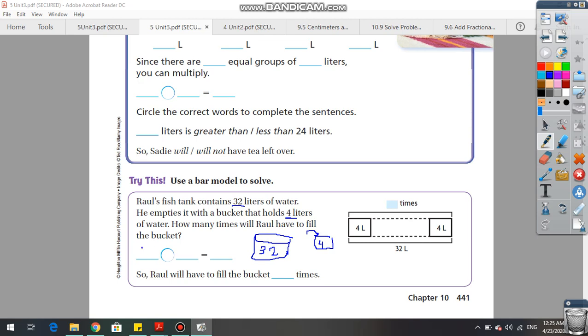I will divide 32 divided by 4. 32 divided by 4 equals 8. Why did I divide? To know how many times I'm gonna use the bucket. I'm gonna use it 8 times to empty all the 32 liters. So Raoul will have to fill the bucket 8 times.